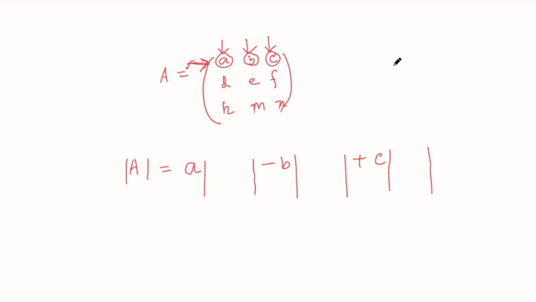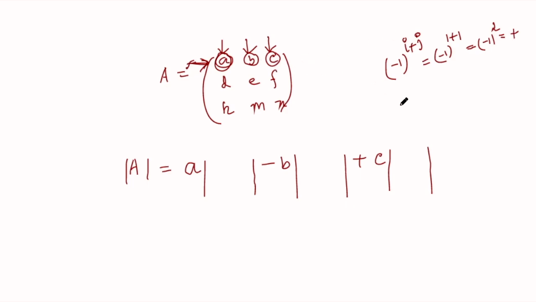And why is it plus and minus? Because it depends on minus 1 to the power i plus j. i indicates the row and j indicates the column where the entry is located. For example, a is located in the first row, first column. So the preceding sign of a will be minus 1 to the power first row plus first column, which is minus 1 to the power 2, which is plus.